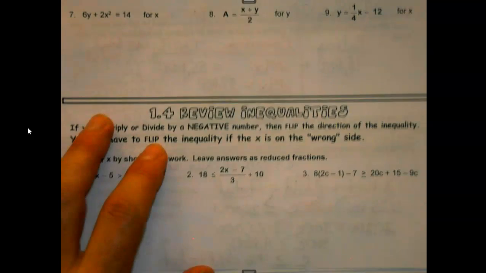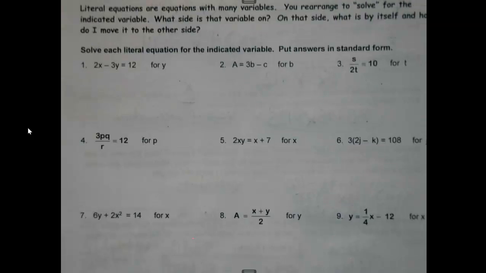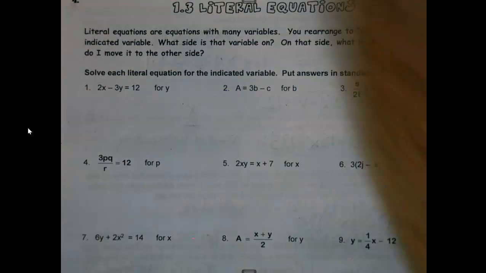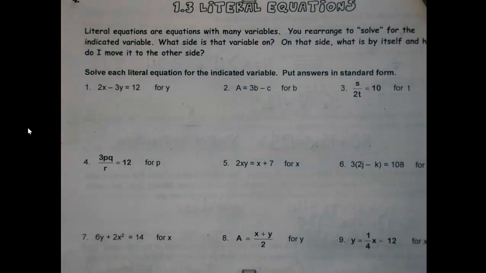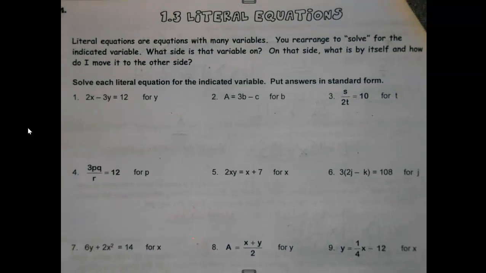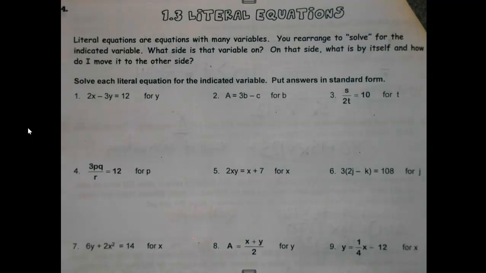So as we flip back here, this always gets interesting, because with literal equations everybody always says, when am I ever going to use this in life? My answer most of the time is, we're teaching problem solving and sticking to it.